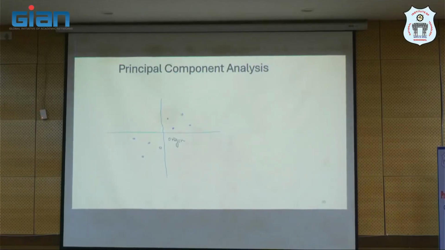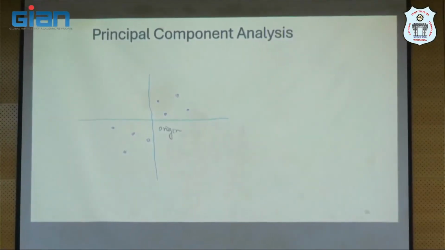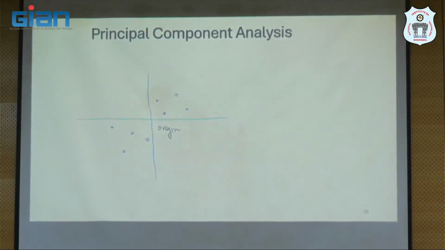What principal component analysis is trying to do is, rather than representing the data using these many data points, it says I can represent this data using a line that passes through the origin. What do I mean by that? My data originally had so many purple points, right? 8 purple points.